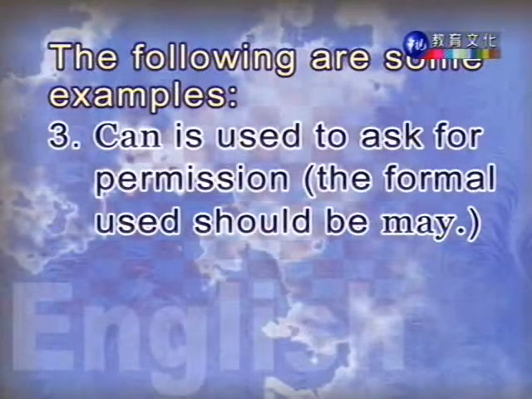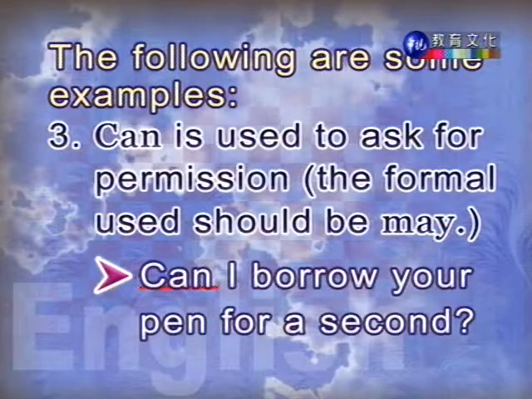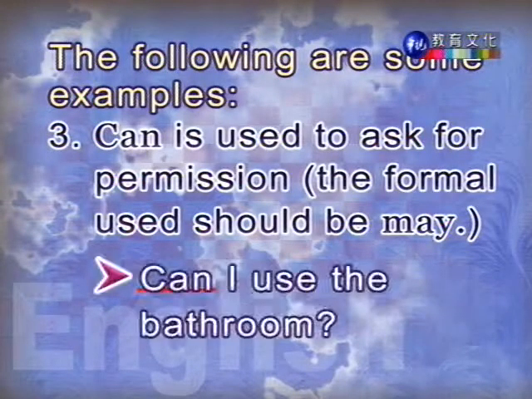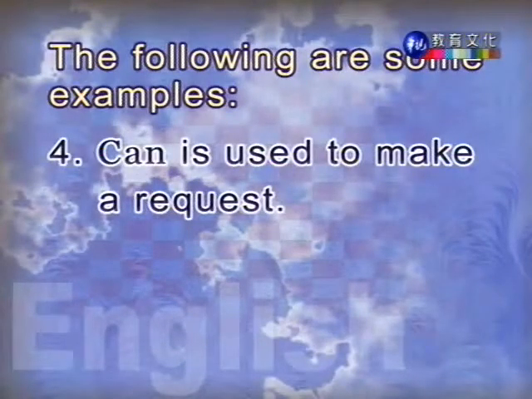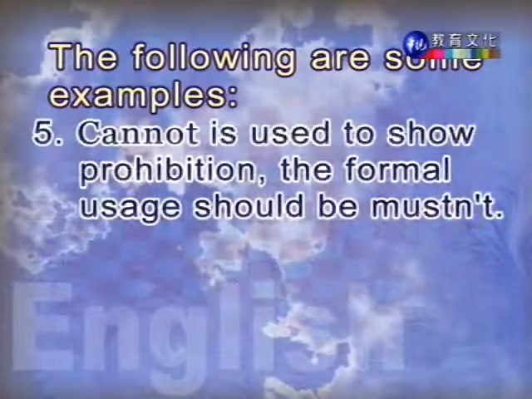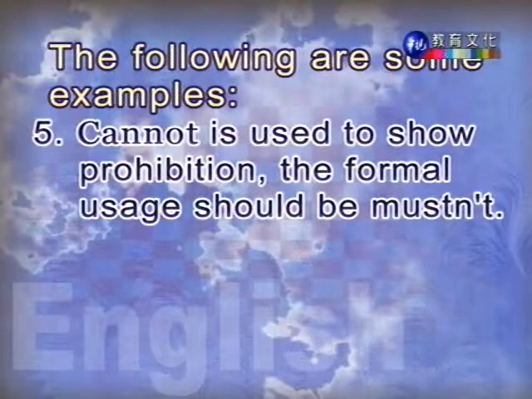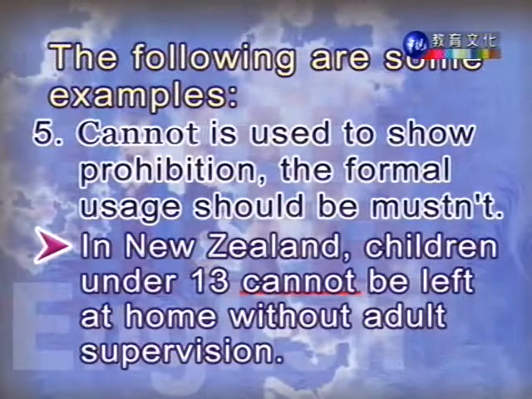Can is used to ask for permission. The formal used should be may. Can I borrow your pen for a second? Can I use the bathroom? Can is used to make a request. Can you take out the garbage for me? Cannot is used to show prohibition. The formal usage should be mustn't. In New Zealand, children under 13 cannot be left at home without adult supervision.